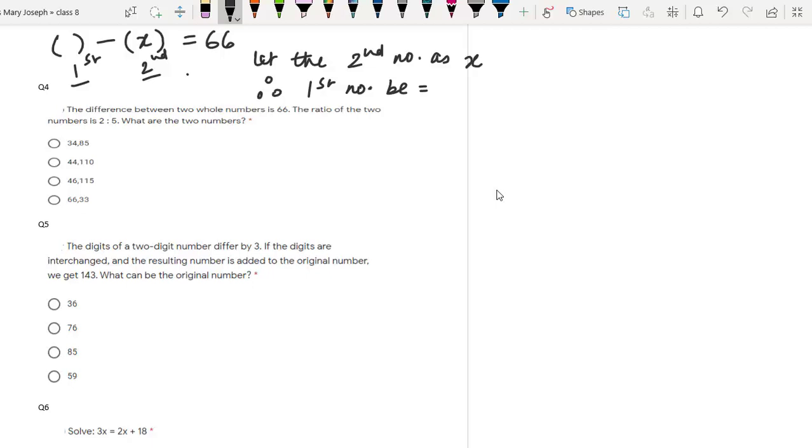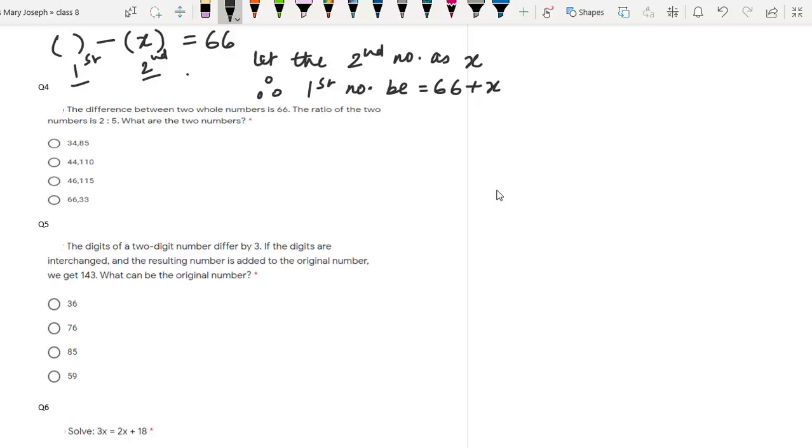So what will happen, when this minus x go to that side, it becomes plus x. So it becomes 66 plus x, that will be our first number. So it is 66 plus x. Now we have used the first statement for assumption part. You can have different assumption also, no issues, it depends the way you are going.